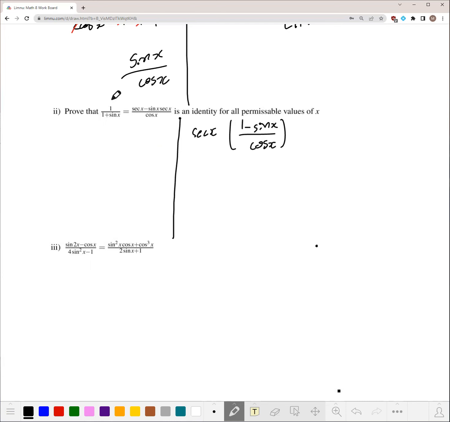We'll multiply both top and bottom by 1 minus sine x. So I'm going to get 1 minus sine x over 1 squared minus sine squared x. Yes, I put 1 squared. Judge me all you want. Okay, next thing I can do is say, well, secant x is equal to 1 over cos x. So maybe I will write this laterally here, which is not really cheating because it is equal.